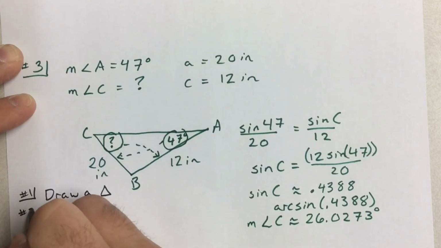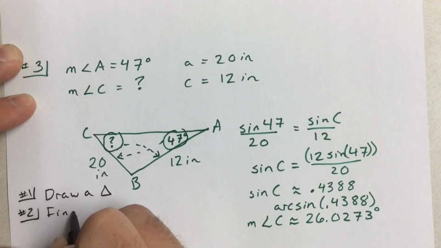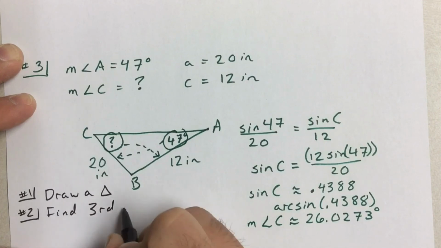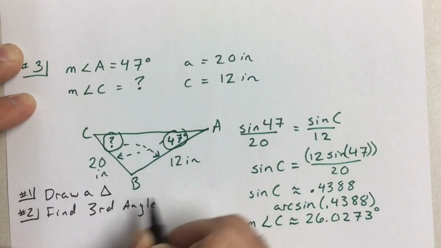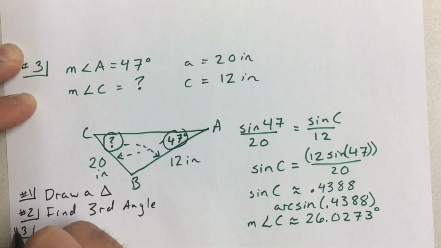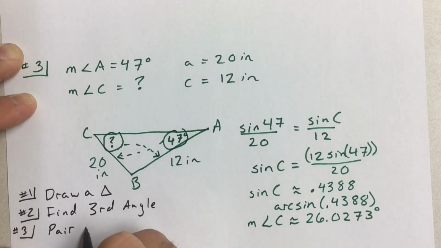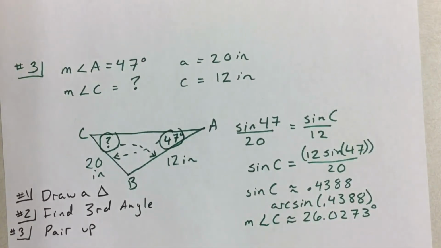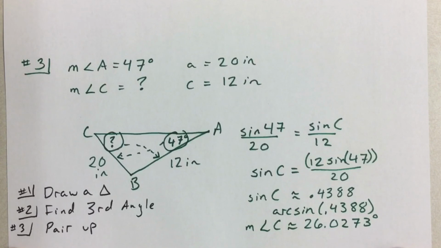Tip 2, find the third angle. Tip 3, pair up. Pair up your angles with their side lengths. And from there, after you have everything paired up, then you're going to set it up and then solve it.